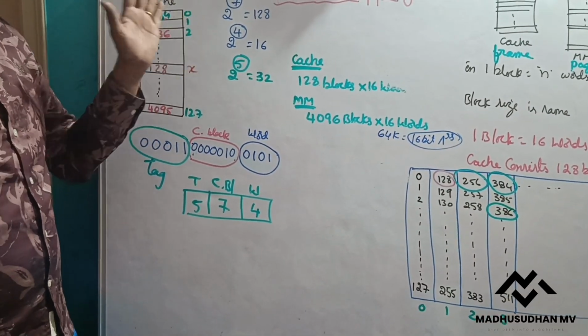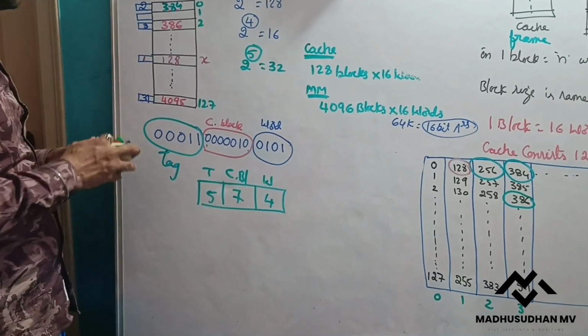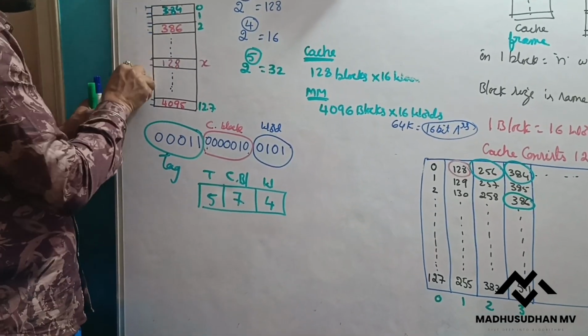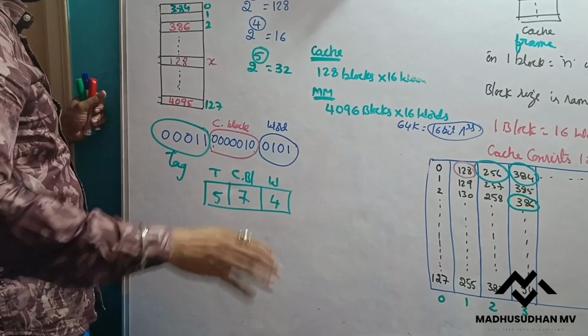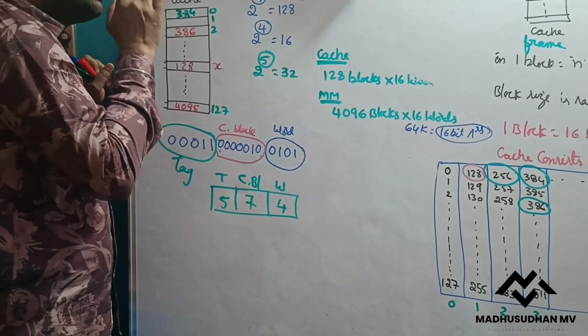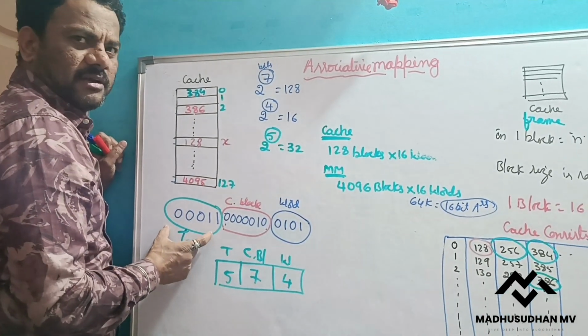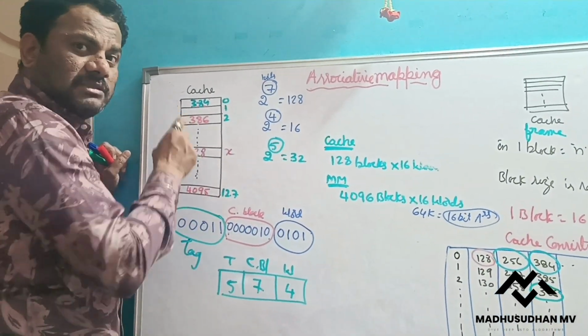That's it, very simple. There is no concept of tag in associative mapping, because I can fill anywhere if it is free. But what is the problem? Earlier I was searching only the 5-bit tag, because the tag was there in direct mapping.